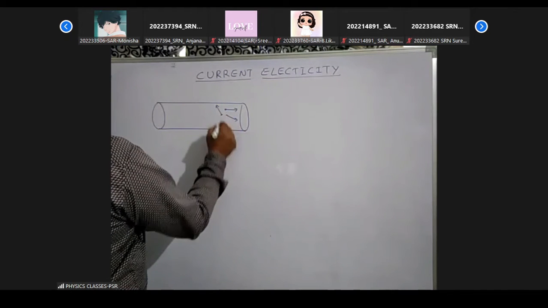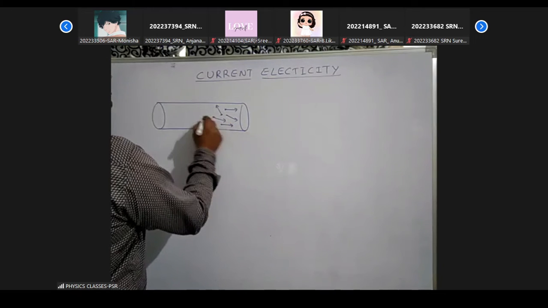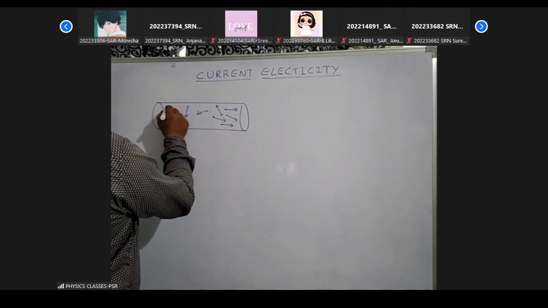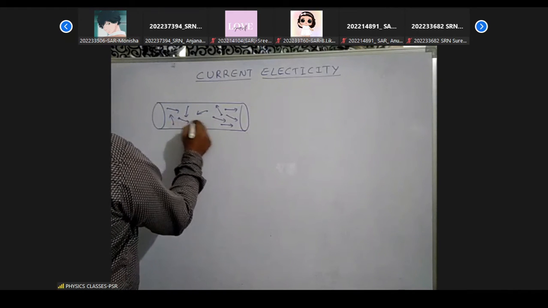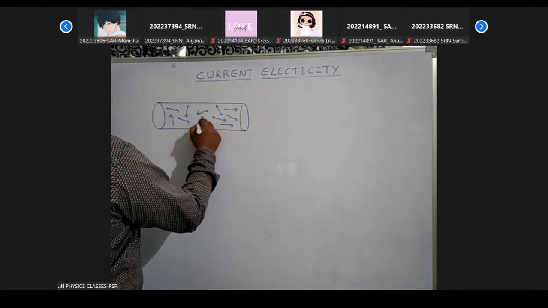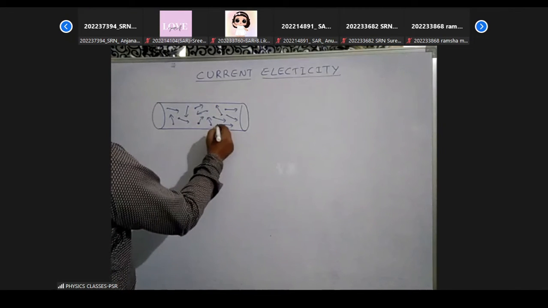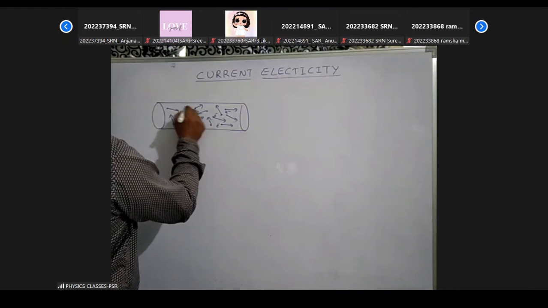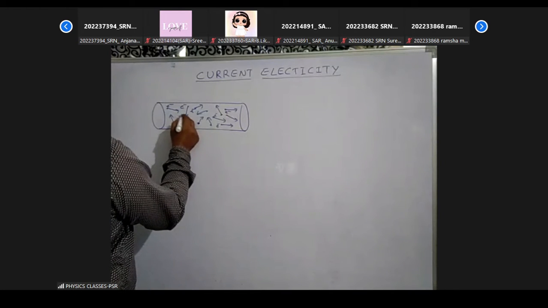This is an electron, this is an electron, E minus, E minus, E minus, and so on.